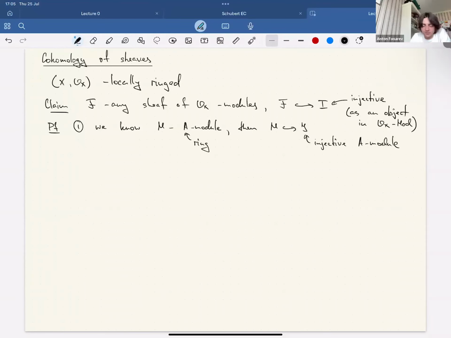And then we do something very funny. So step two, you take all points x in your topological space X. For instance, when you're dealing with a scheme, then you have plenty and plenty of stuff.